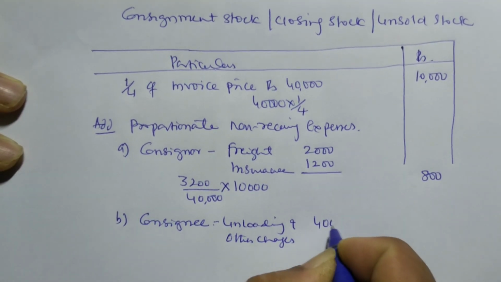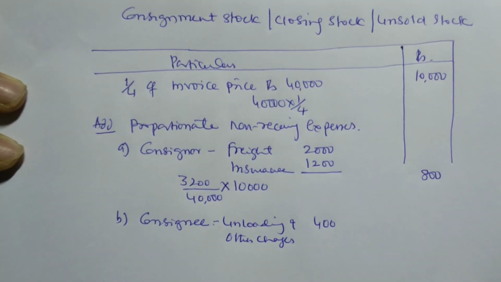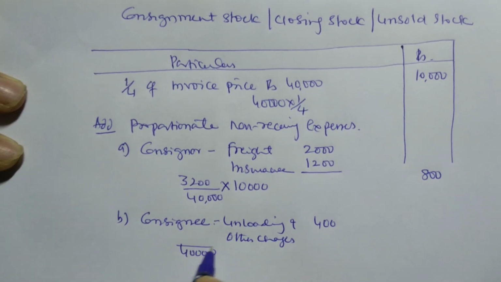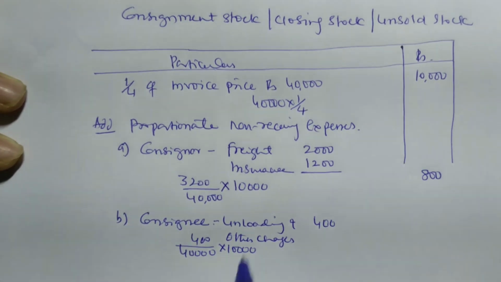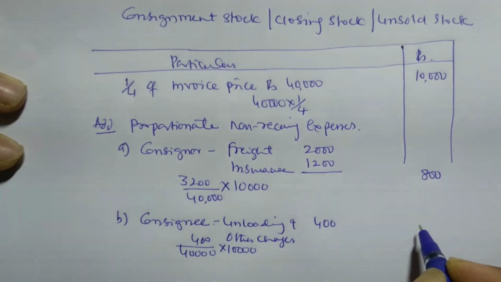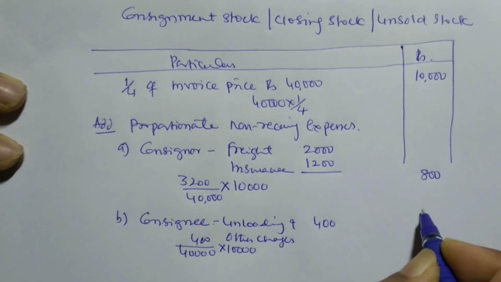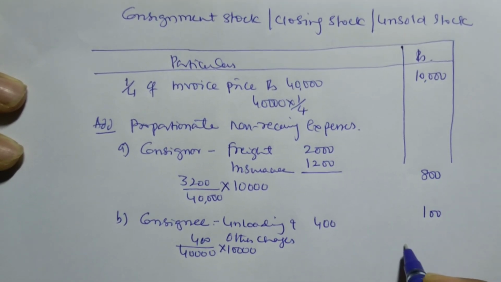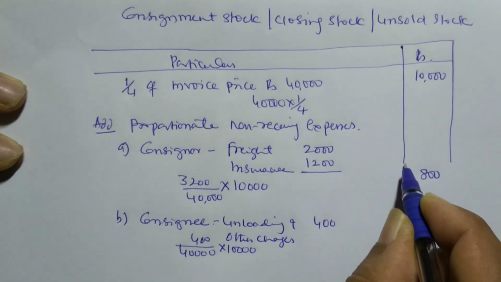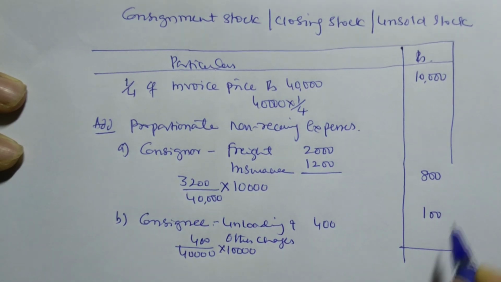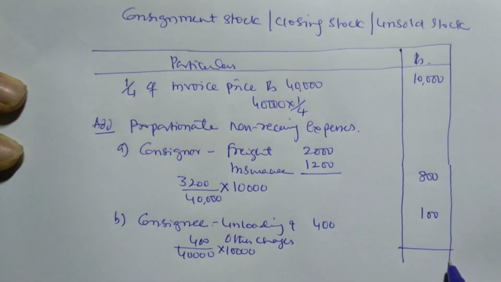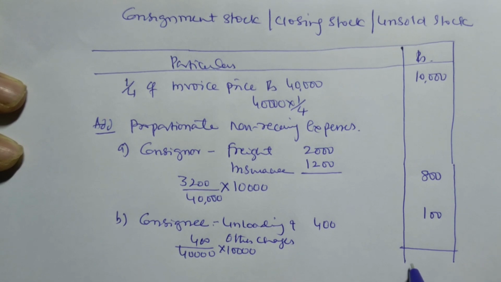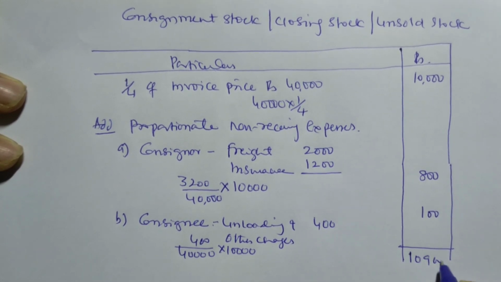This 400 is incurred for 40,000. For 40,000 it is 400, so what is it for 10,000? It is rupees 100. So add these two amounts to the total 10,000, which means 10,900.